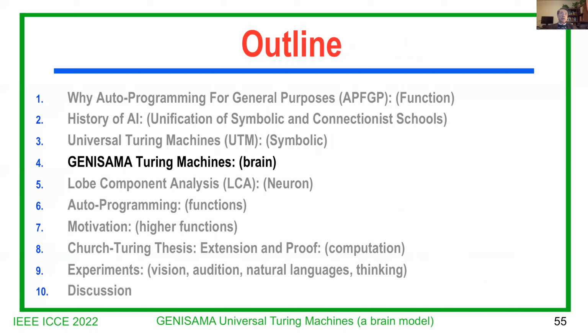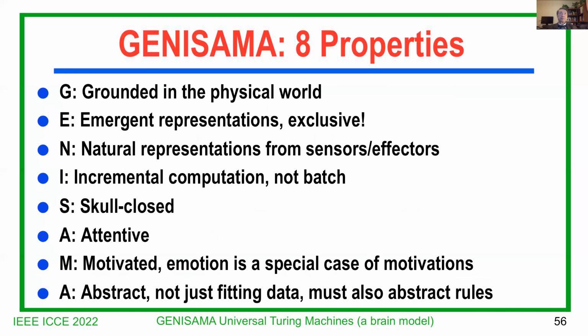The next subject is Genesima Turing machines. Genesima is an acronym for 8 properties. G for grounded: you directly sense from the physical world. Emergent representation: you can only have emergent representations, exclusively, no symbols. Natural representation from sensors and effectors. You cannot code. So this is a feature.